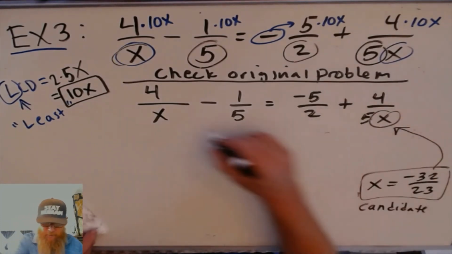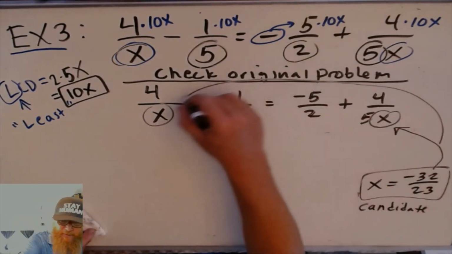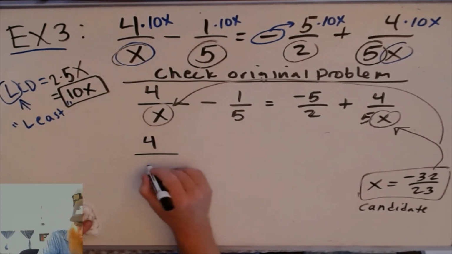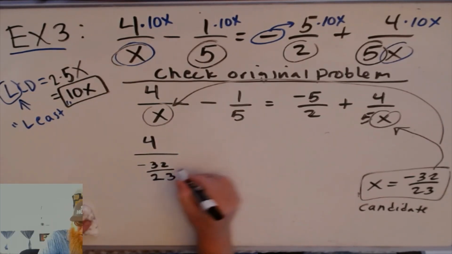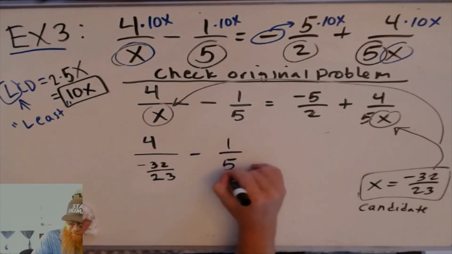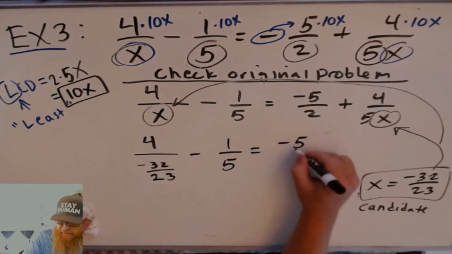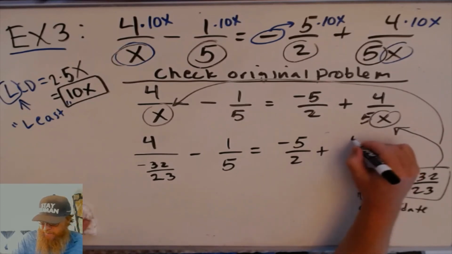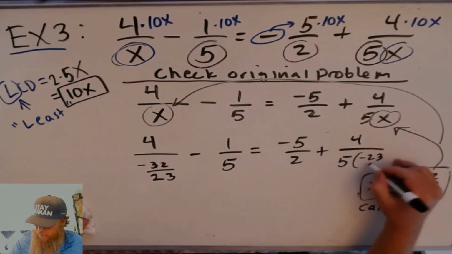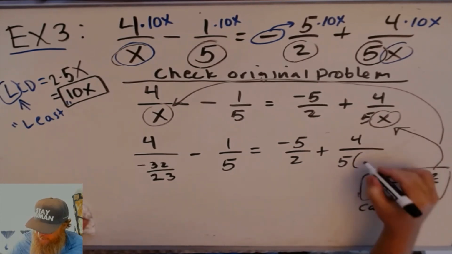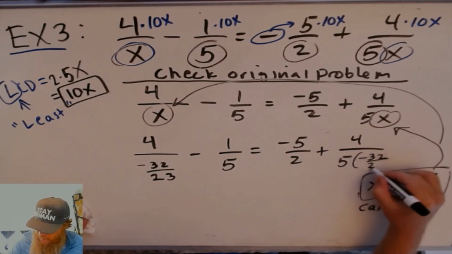Plug it in everywhere you see an x. So you get 4 over negative 32 23rds minus 1/5 equals negative 5 halves plus 4 over 5 times negative 32 23rds.